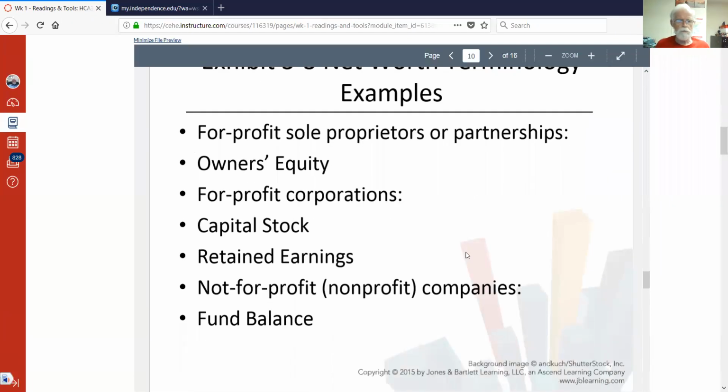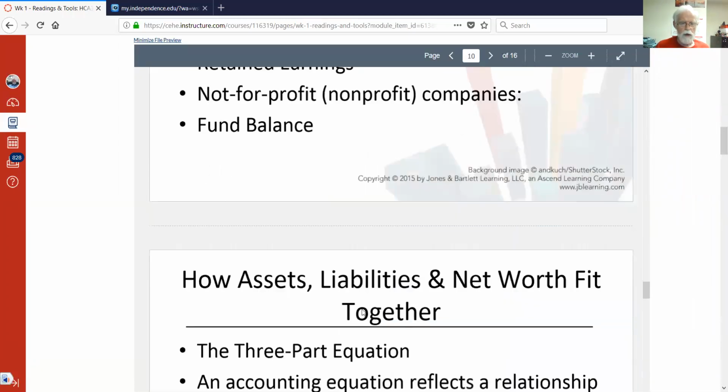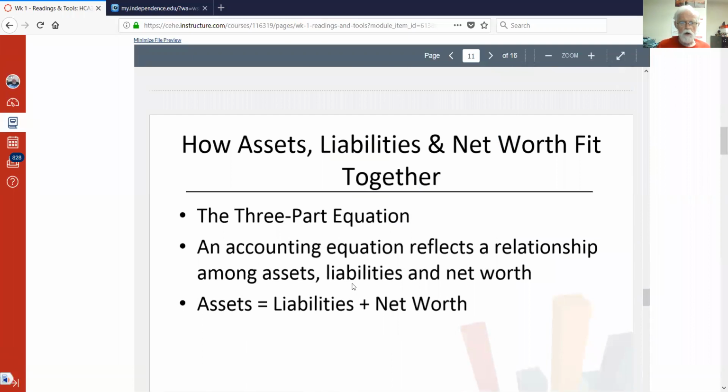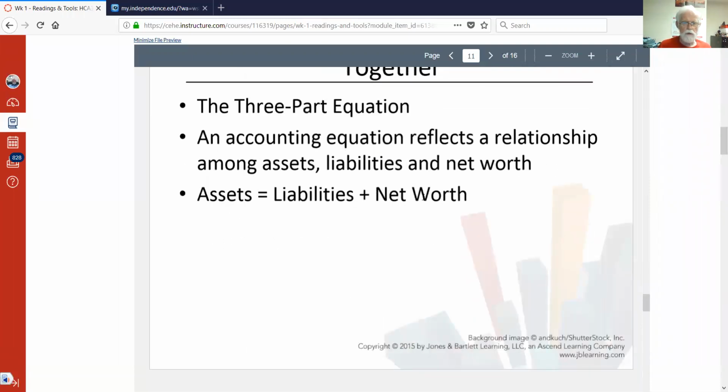We have owner's equity, which is for sole proprietorships or partnerships. For-profit corporations have capital stock and retained earnings, and in not-for-profit companies, it's the balance of funds. So assets equal liabilities plus net worth.